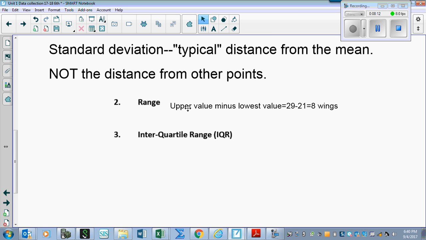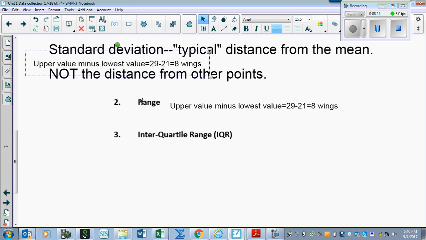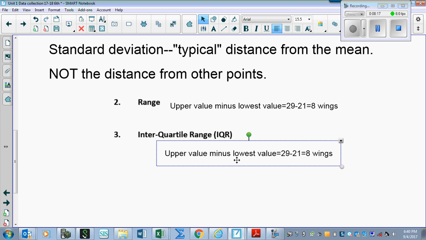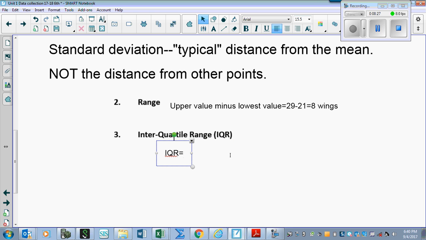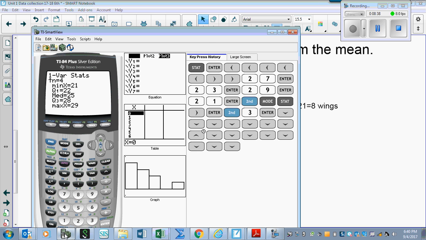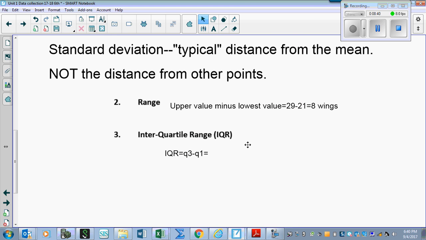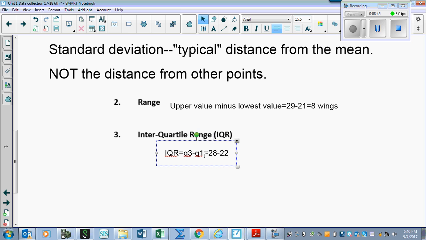The interquartile range, IQR, is Q3 minus Q1, which is equal to, back to the calculator, 28 minus 22, equals 6 wings.